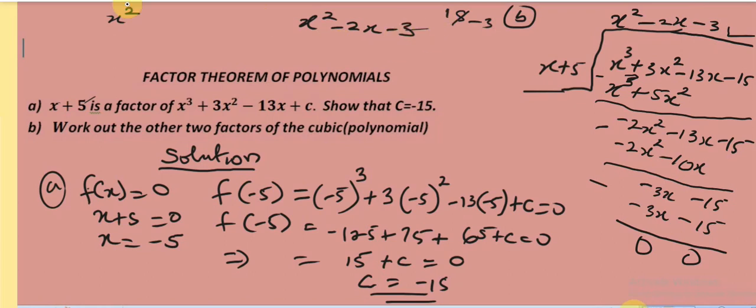So I'm going to write plus 1x, that is x, and then minus 3x. Because x minus 3x is going to give me minus 2x. And if you choose 1 and minus 3, 1 times minus 3 is going to give me minus 3. So this is how I got the two numbers.